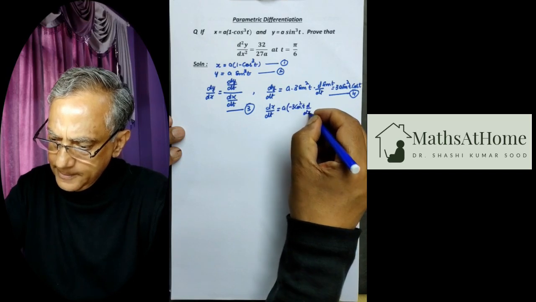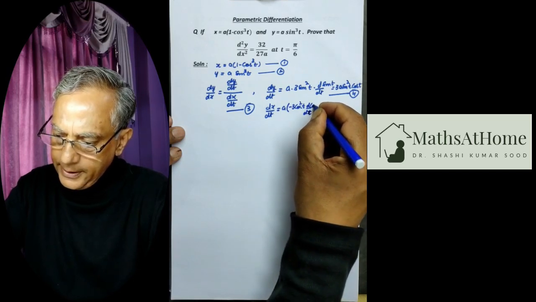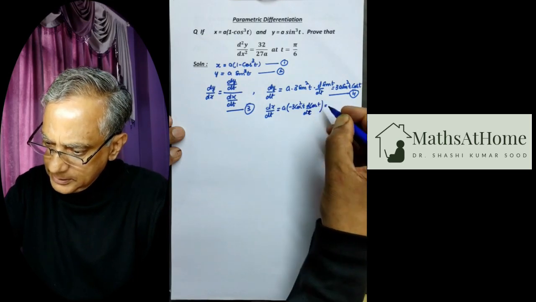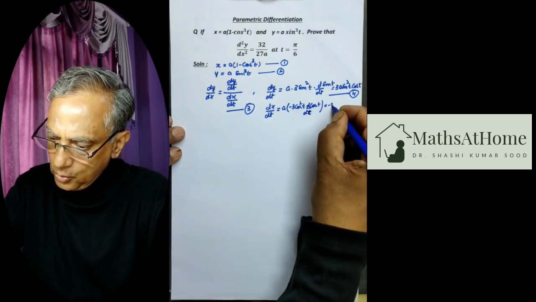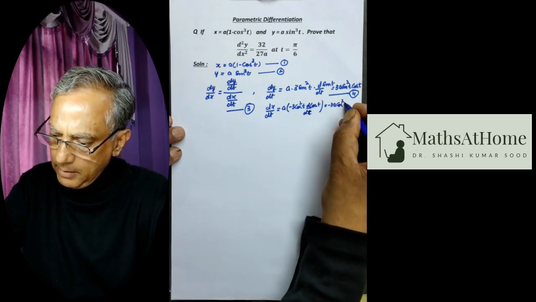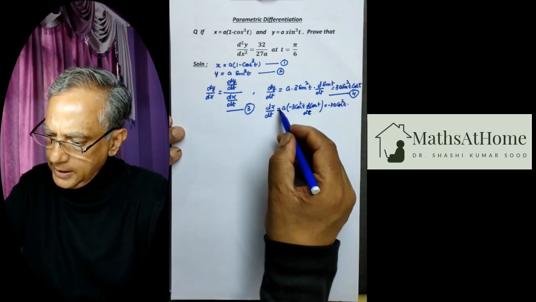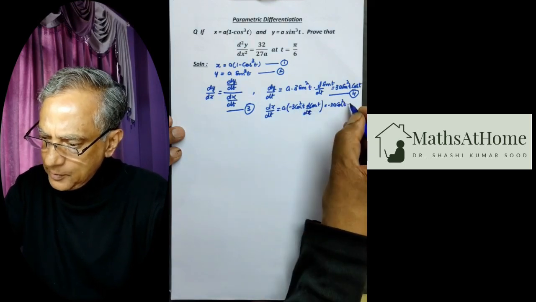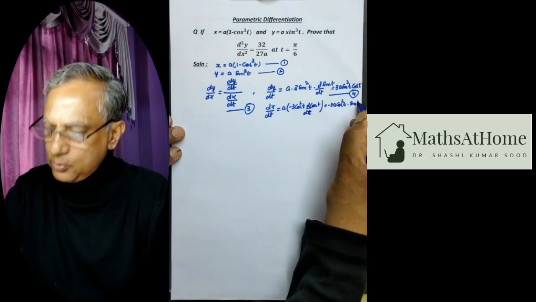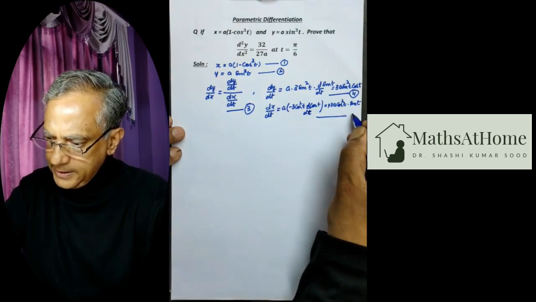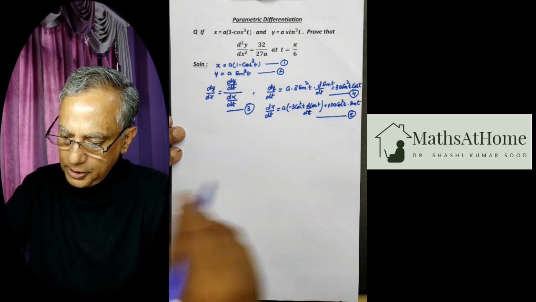This is equal to minus 3a into cos square t into d by dt of cos t, which is minus sin t. So minus minus will be plus. This is dx by dt.